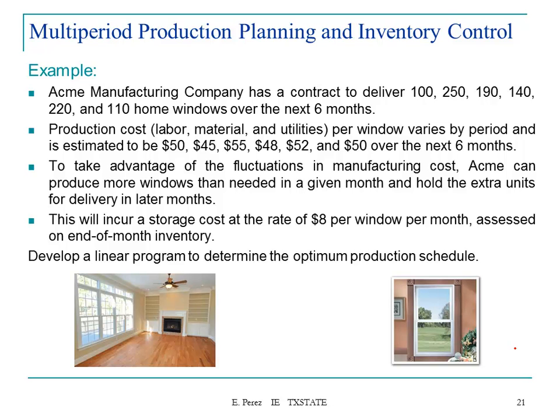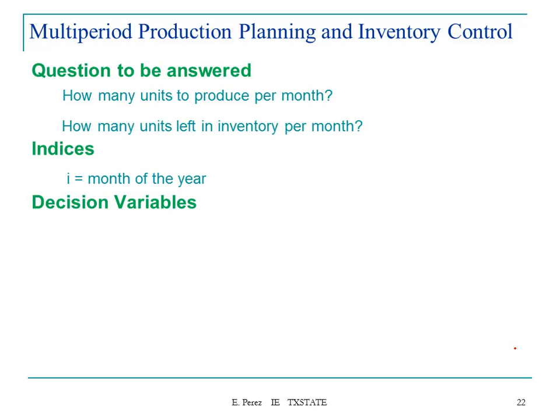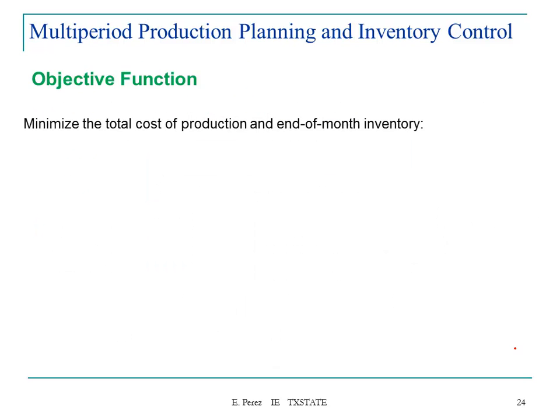There's no profit defined in this problem. So that will affect how you define your objective function. So if the only thing involved is the cost, then you're going to minimize the cost.